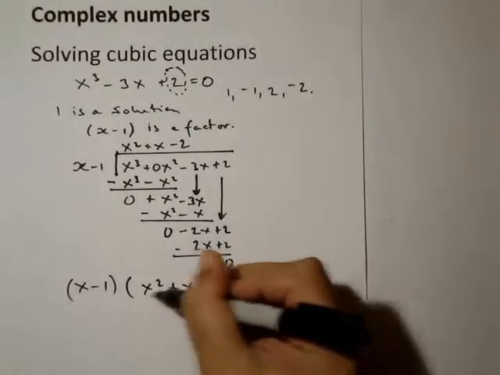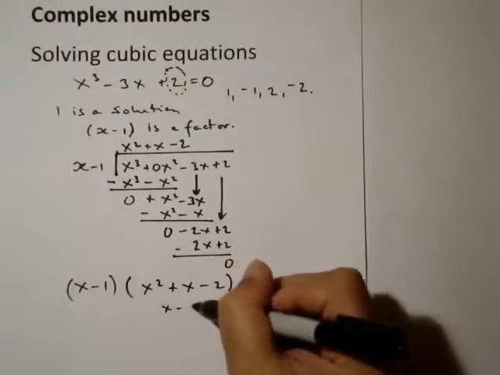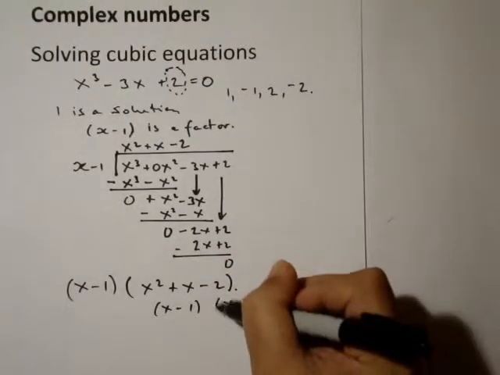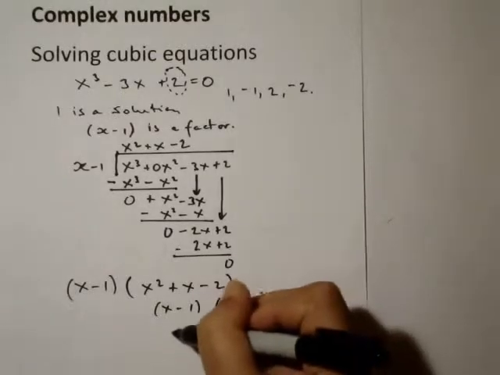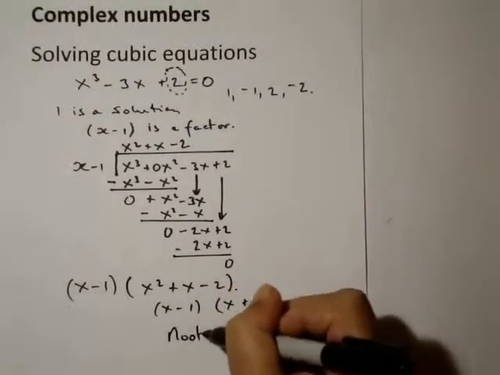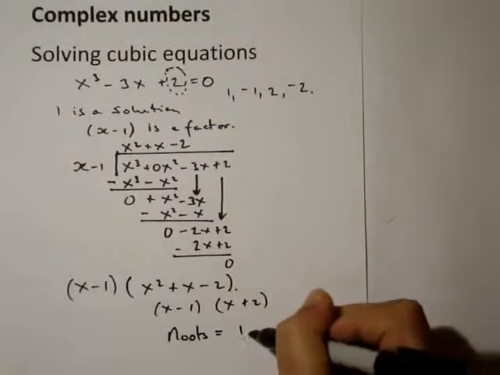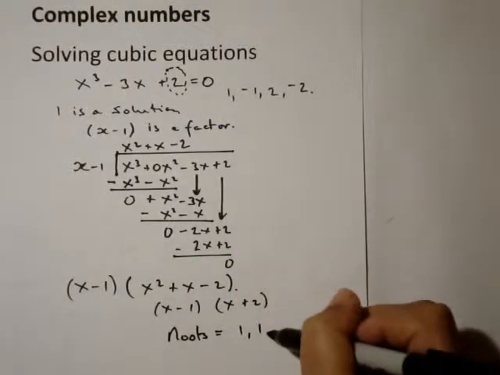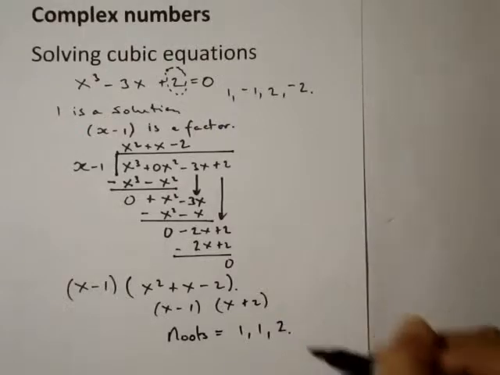When we factorize this quadratic we get x minus 1 and x plus 2, and our roots are 1 from here, 1 from here, and minus 2.